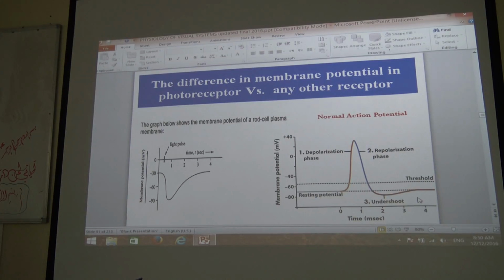The difference between the cells in the retina: all the cells except ganglionic cells respond by graded potential. Receptor cell, bipolar cell, amacrine cell, horizontal cell respond by graded potential.